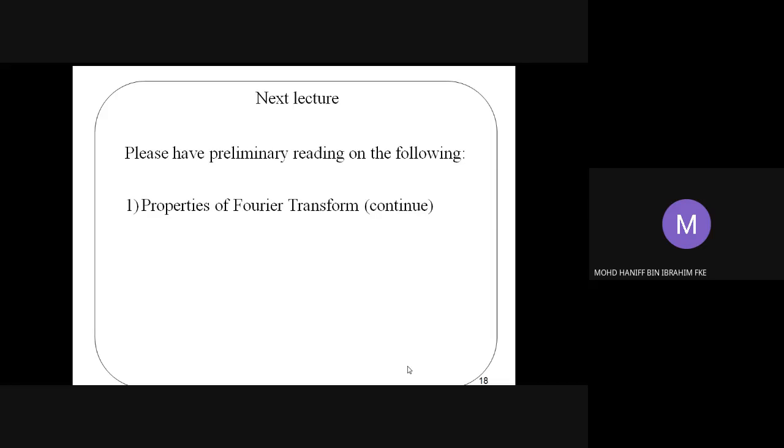In lecture 11, we are going to continue with other properties, which include convolution, then differentiation and also integration. And I think the last one, I forgot already, we'll see after this. Okay, let me proceed with lecture 11 now.